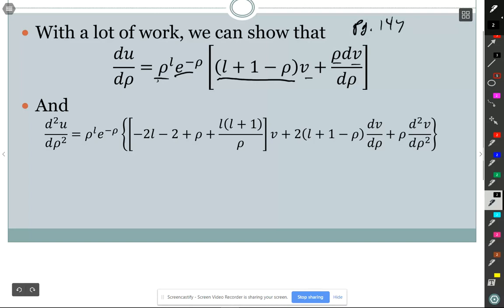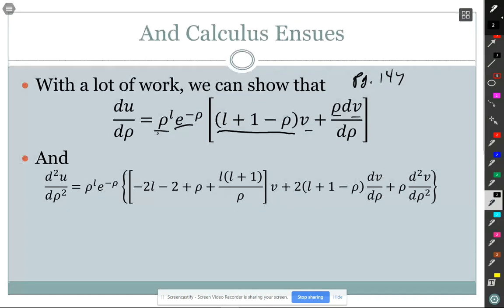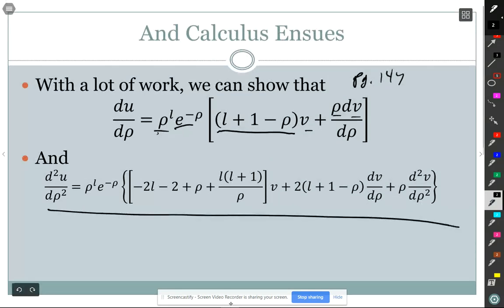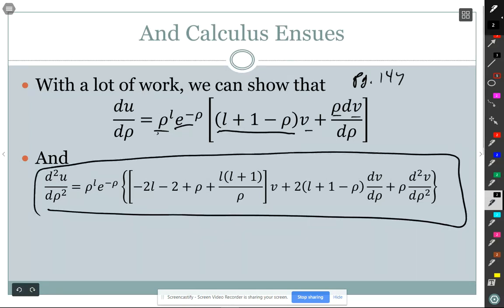And of course, he does the same thing. He just goes straight to these equations without showing you all of the work. And I think we can all recognize that's going to be painful work. So if this is the second derivative, this is what I have to work with, with all of those stinking terms.